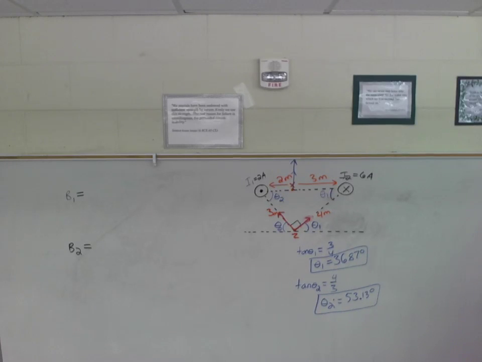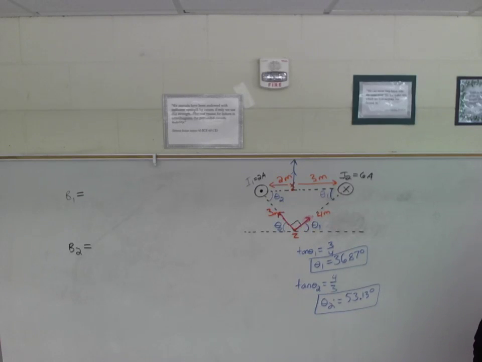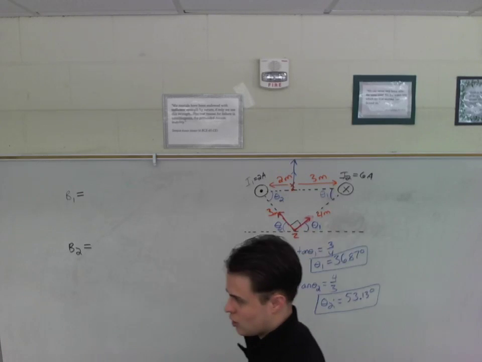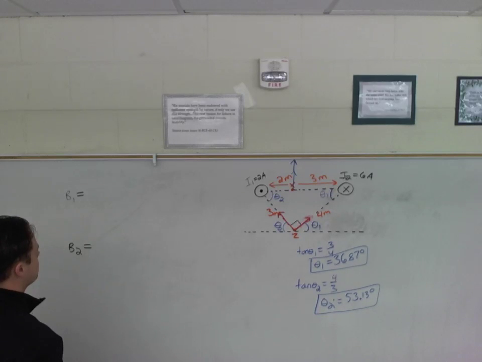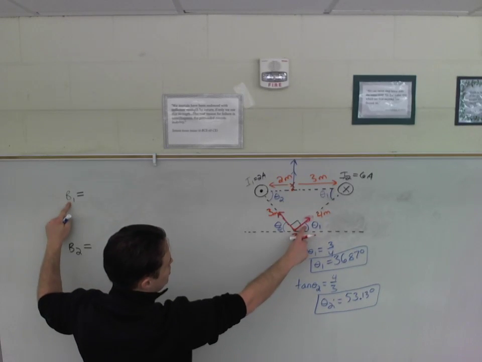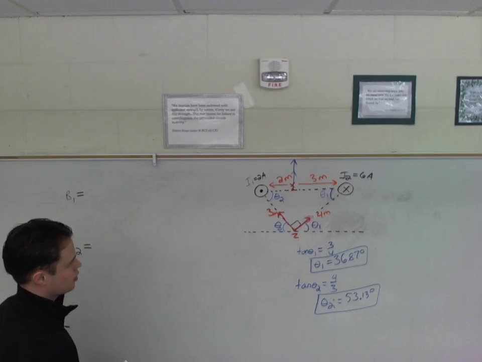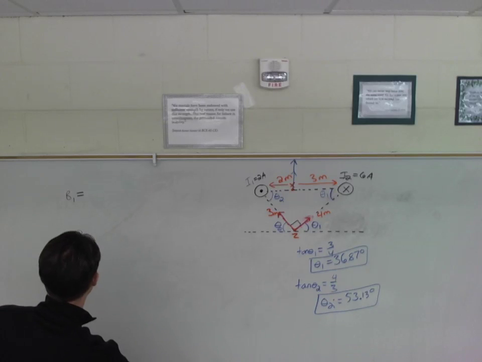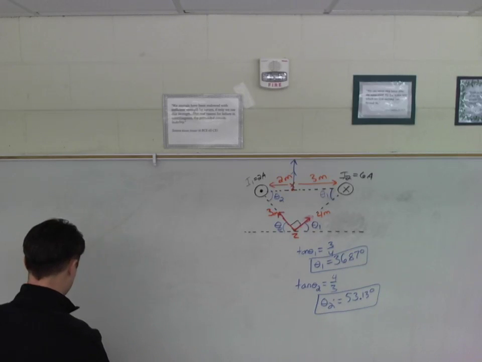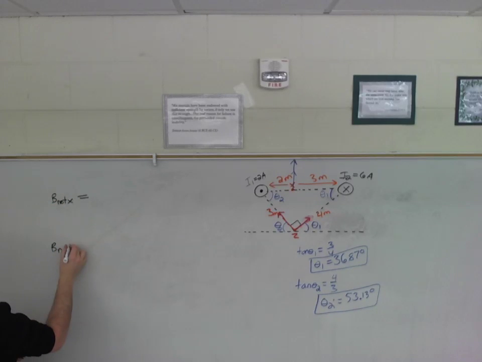Like I said, as soon as you realize this is the angle you need, you're going to be good. The rest of this isn't bad. We just add up x and y components. So B1 is this guy. Instead of doing B1 and B2, let's just do B net x and B net y.